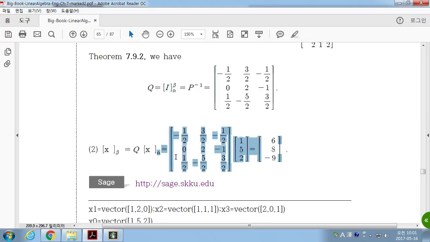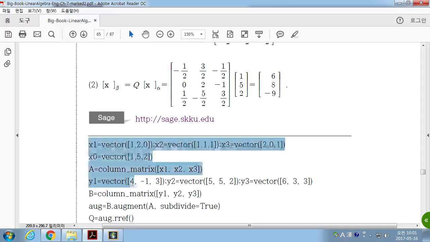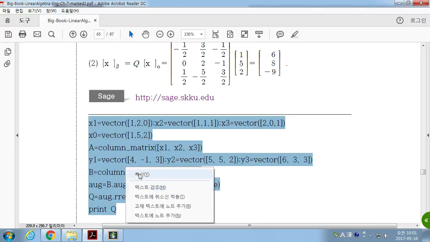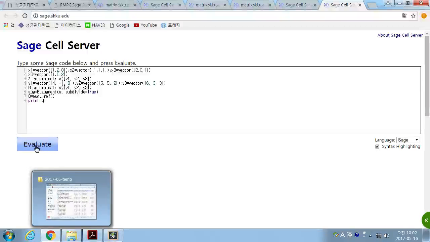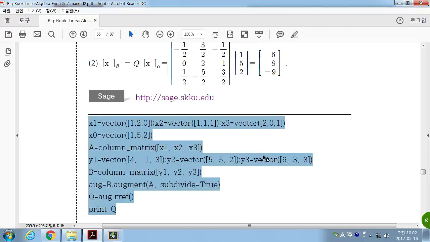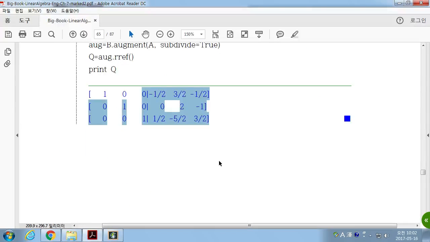Clear? This can be done in here. If you multiply, copy this, go there, edit, and this is what you are looking for. And you have the matrix Q here, which is P inverse.